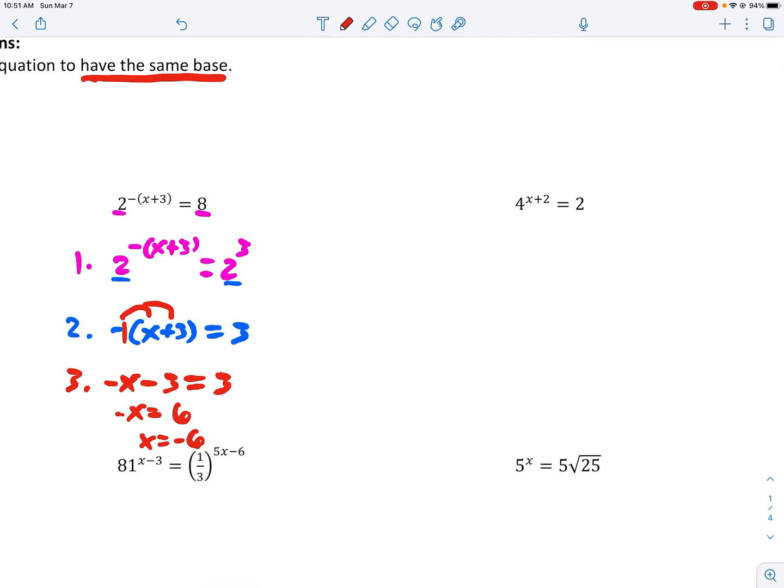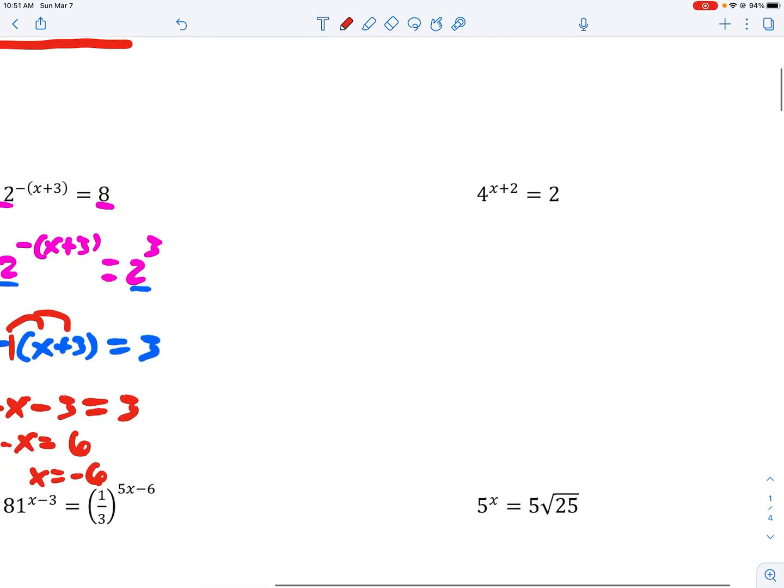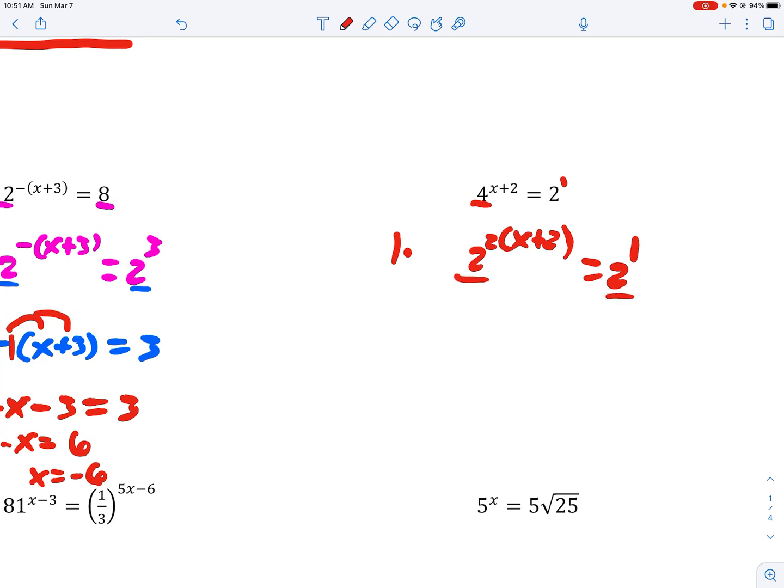Third example, I guess. So we have 4 to the x plus 2 and 2 to the 1. Well, 4, for step 1, can be written as 2 squared equals 2 to the 1. So the bases are the same. So step 2, I'm going to drop them. So you have 2 times x plus 2 equals 1. Remember, when you have a power to a power, you multiply. I rewrote 4 as 2 squared.